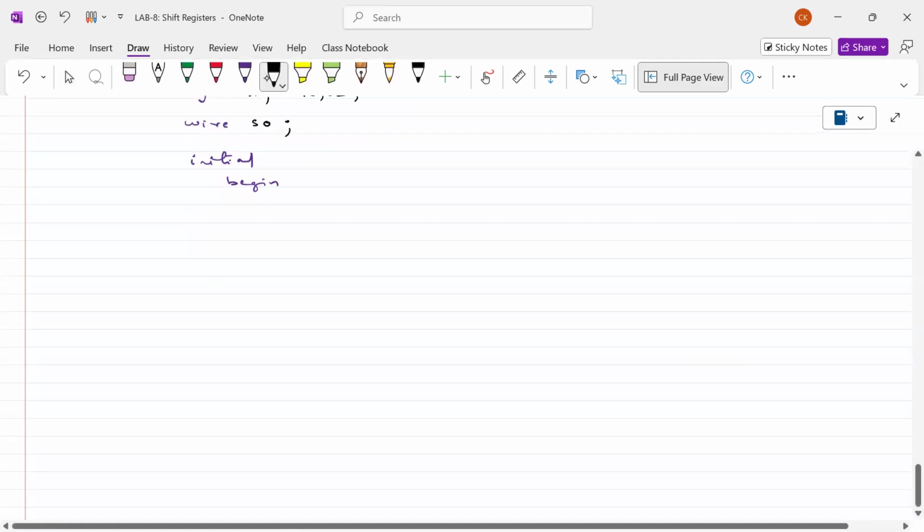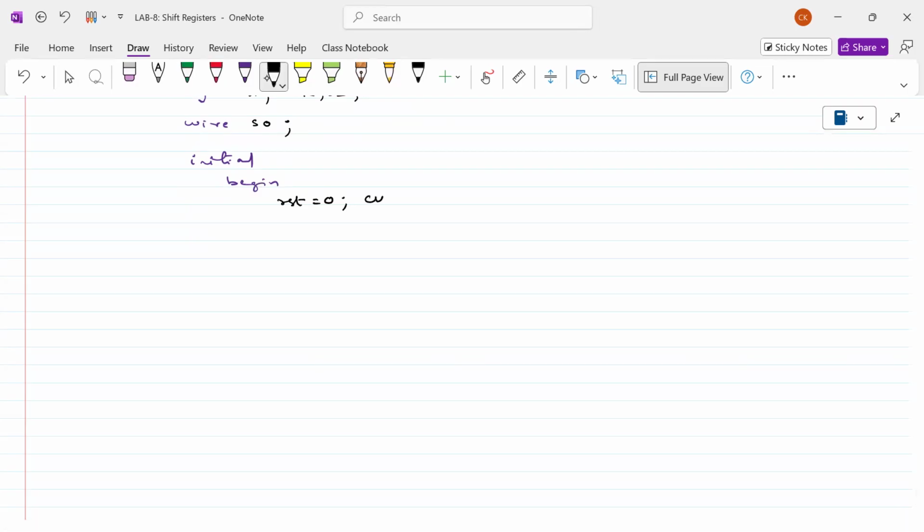What is the RST first of all? RST is equal to 0, clock is also 0, and serial in is also 0 at 0 nanoseconds time. Next, after for example 1 nanosecond, let me keep RST equal to 1.